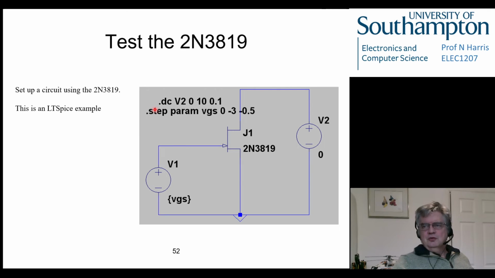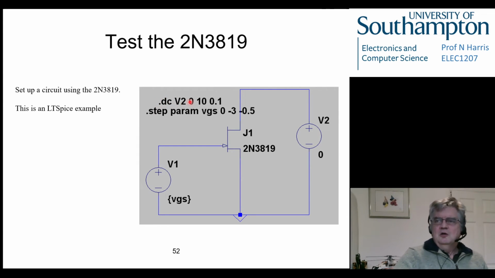What we're also going to do, for a DC sweep, this is a command for a DC sweep, so you just have to play with it to work out what's going on here. We're going to say V2, which is this one over here, we're going to vary from 0 to 10 volts in 0.1 steps. So every time it does a simulation, it's going to set VGS to one value, and then it's going to run voltage 2 from 0 to 10 volts in 0.1 steps.